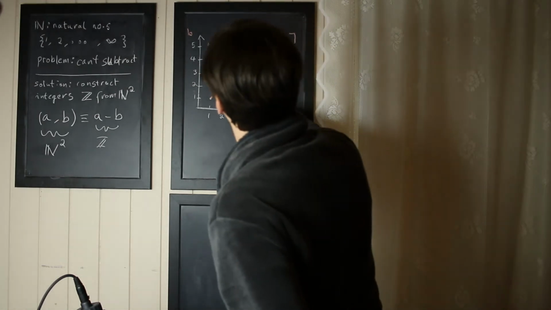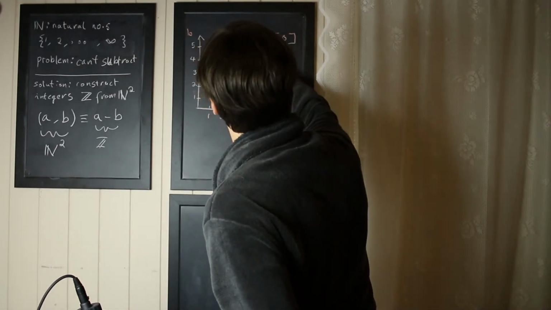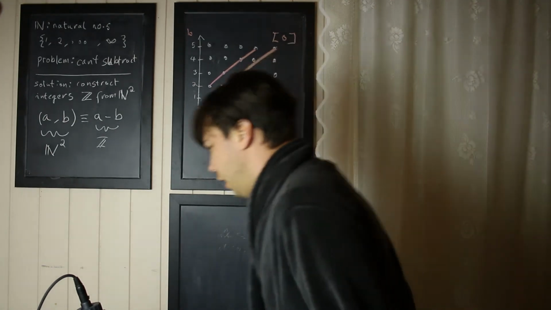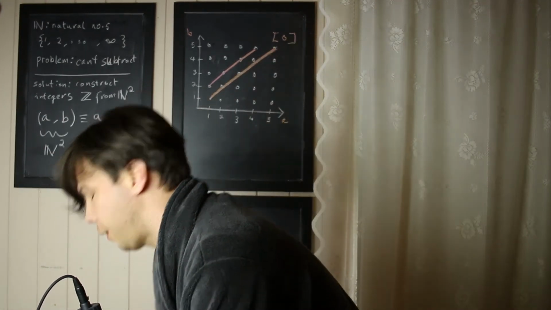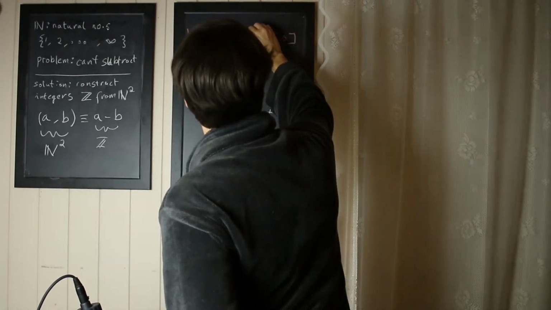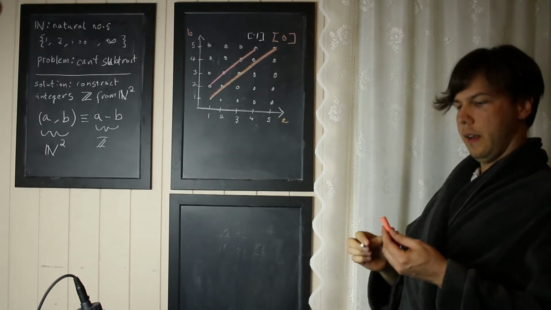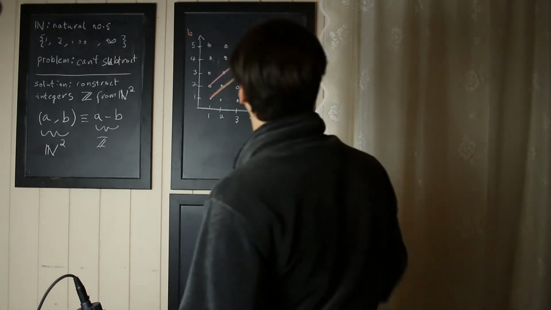If we look at this line here, everywhere here the negatives are 1 more than the positives, which makes this the equivalence class of -1. And we can go ahead and find all the other equivalence classes.